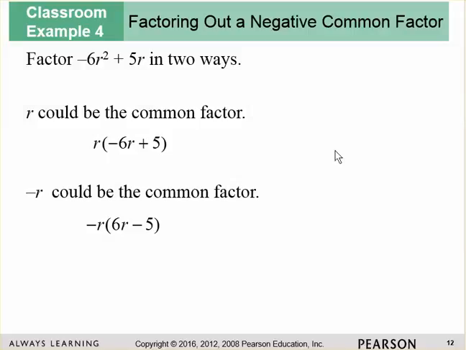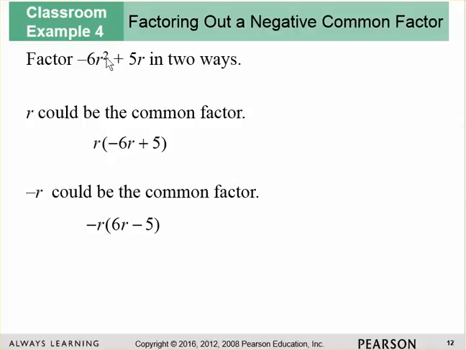We have to be careful with our negatives. And so here's an example that when you have a negative, and you'll see this in the homework where they ask you to factor it two different ways. You could factor out just the positive variable, or you could factor out the negative variable. And the reason that it's different is that if you leave the negative inside the parentheses, then the negative is going to stay on.